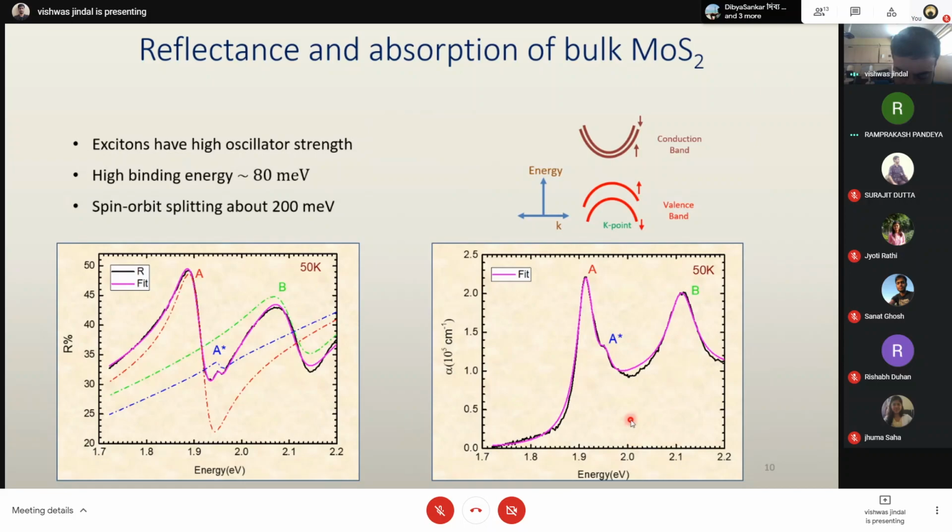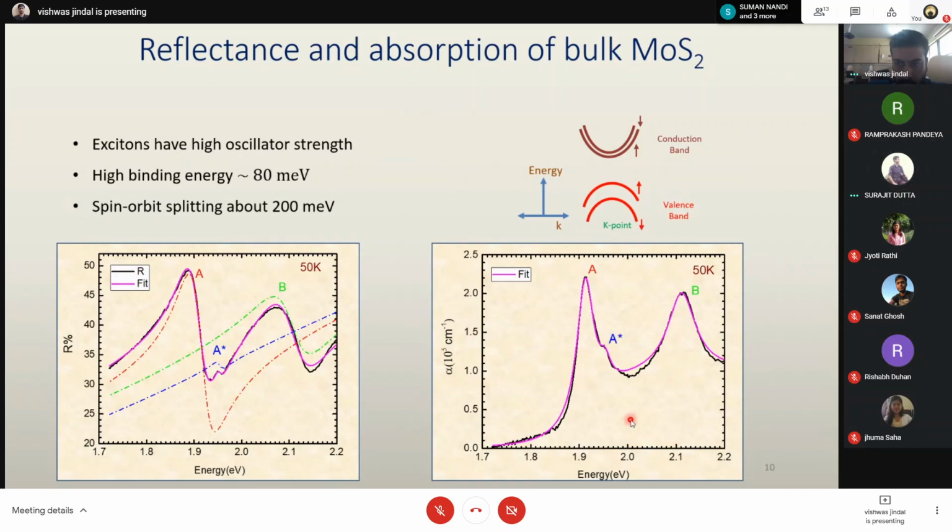And another thing I just want to know: how much of a role does spin play here? If I see this diagram, when this pairing is happening, is it more favorable for upspin, downspin, or both upspin, upspin? No, okay.